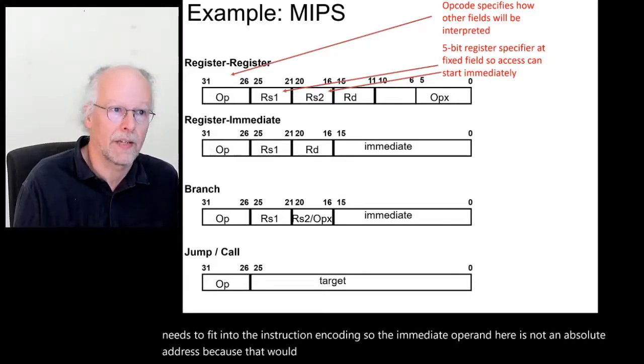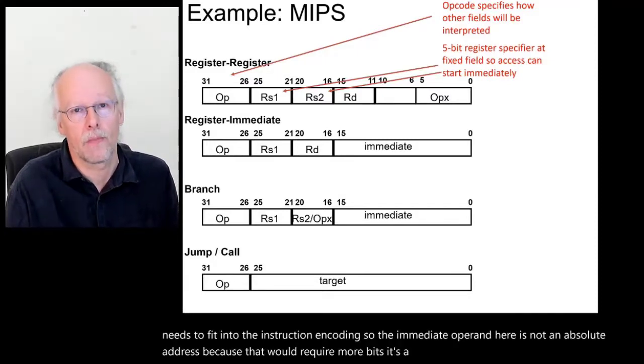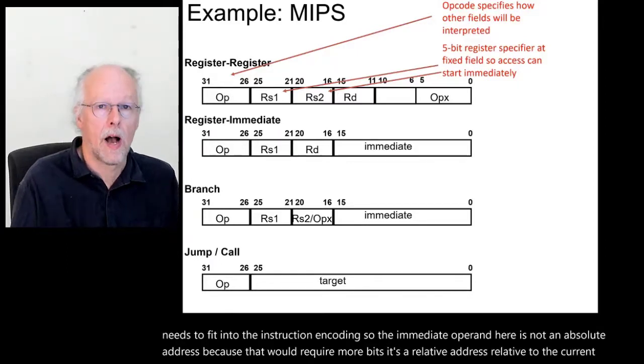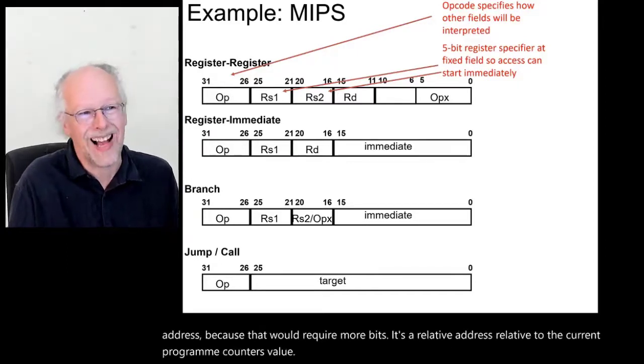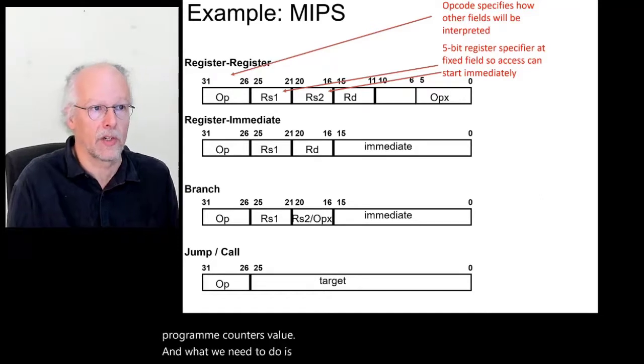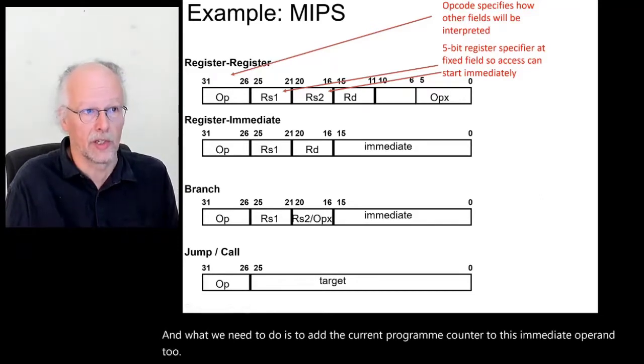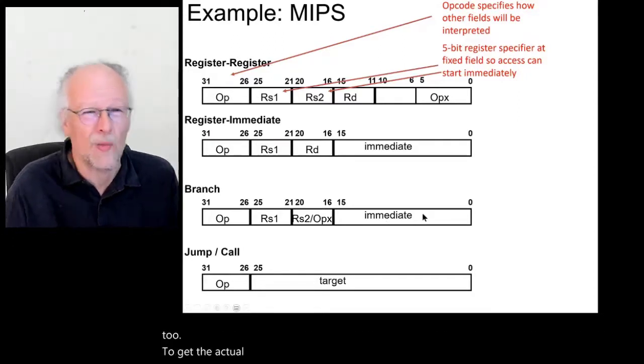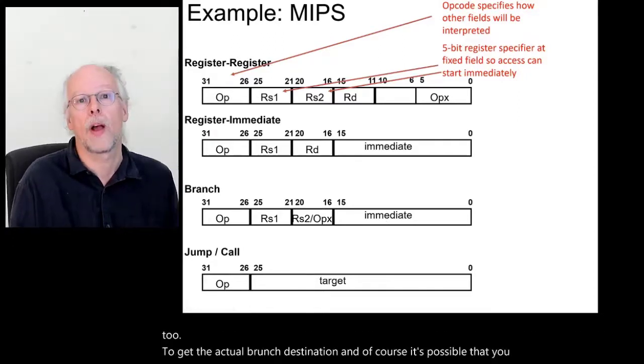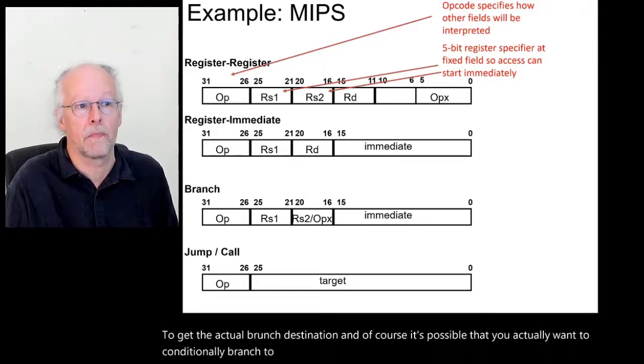It's a relative address, relative to the current program counter's value. What we need to do is add the current program counter to this immediate operand to get the actual branch destination. And of course it's possible that you actually want to conditionally branch to somewhere beyond the range represented by this immediate operand.